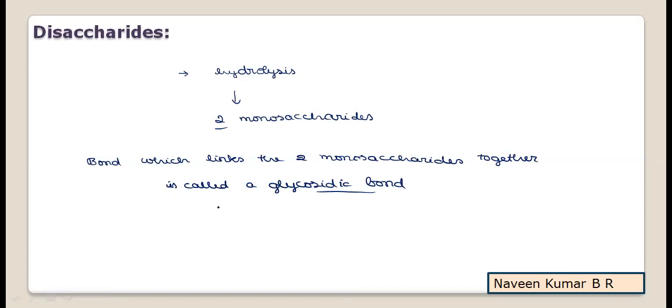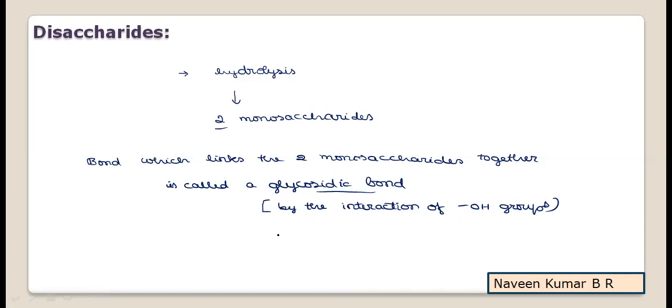Now, how is this glycosidic linkage formed? The glycosidic bond is formed by the interaction of hydroxyl groups. During the interaction of two hydroxyl groups, one water molecule gets eliminated and the left out oxygen of the two hydroxyl groups links the two carbon atoms.